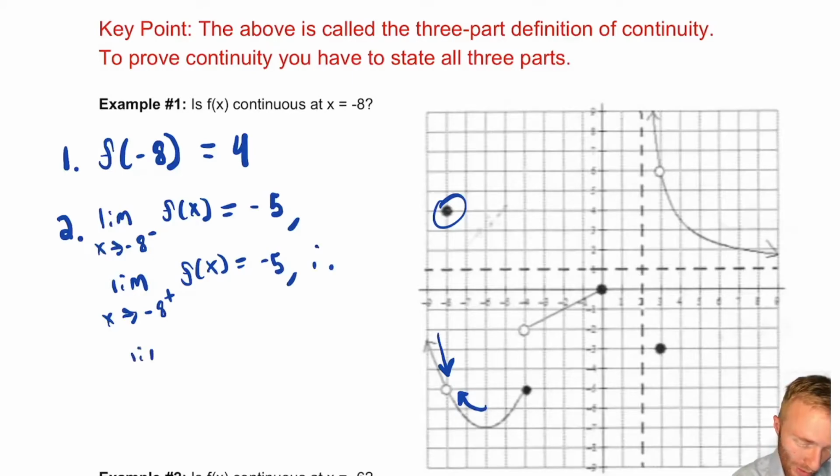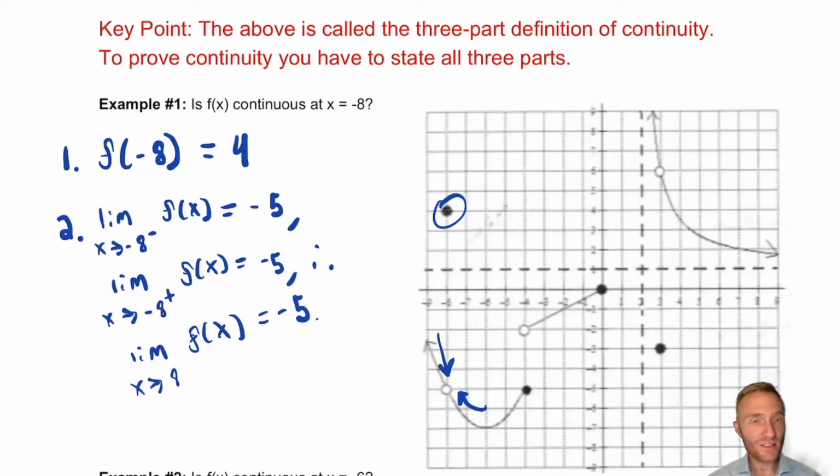Therefore, the limit as x approaches -8 of f of x is also -5. So it passes step 1: f of c is defined, f of -8 is 4. It passes step 2, the limit exists. However, it fails step 3.